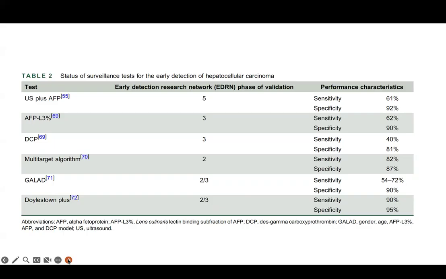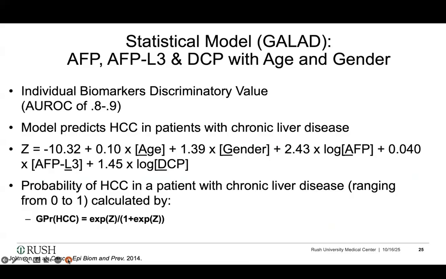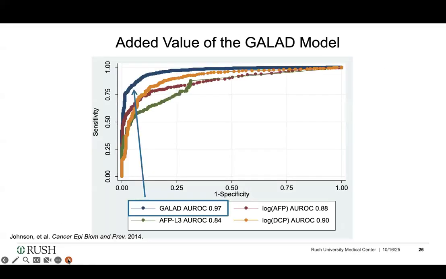Although Doylestown Plus seems awesome, it's probably one of the less validated and not very frequently used tools. So GALAD is something that we often will use. And so GALAD is self-descriptive. It stands for gender, age, AFP-L3, AFP, and DCP. And when you add these things together in this very complicated mathematical tool, it gives you the probability of developing a liver cancer over a period of time.